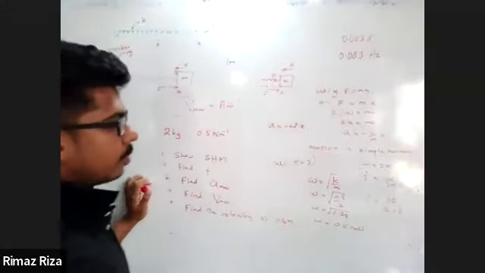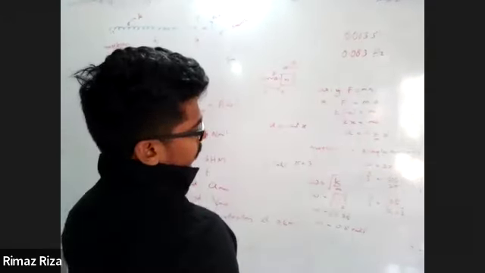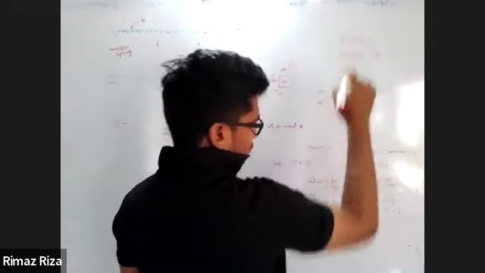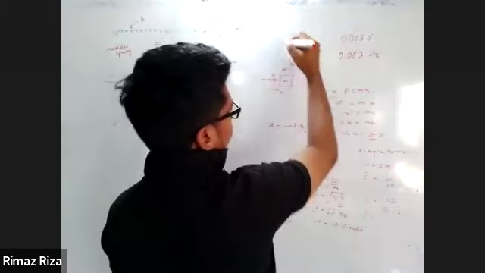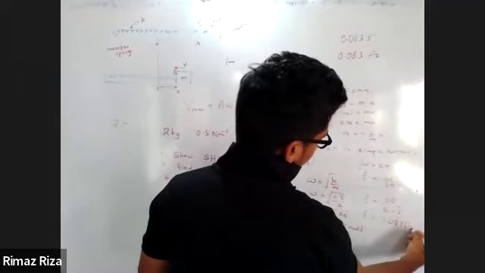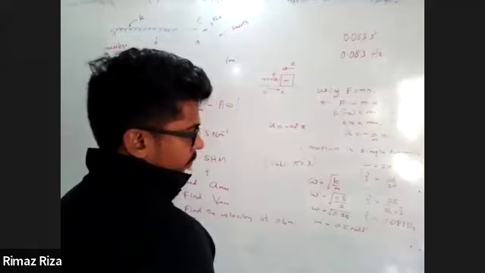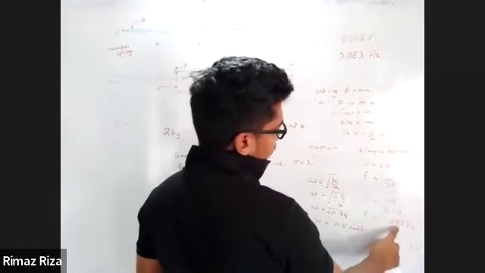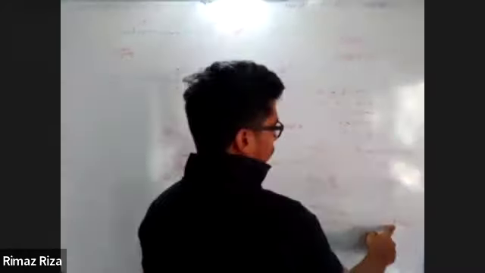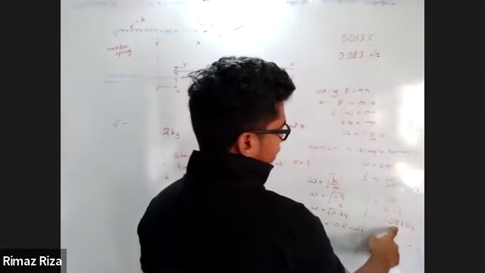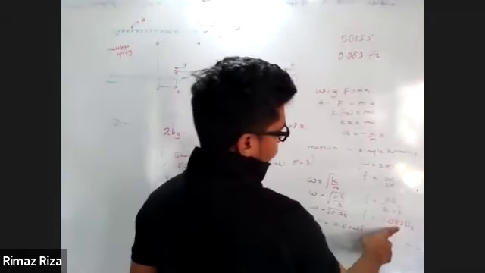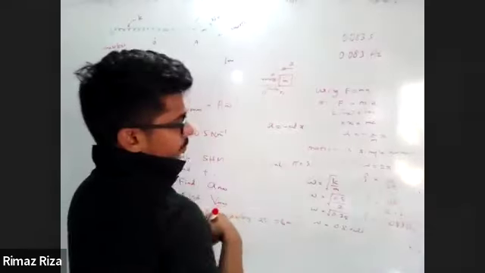So we have 0.5 divided by 6, which is 0.083.